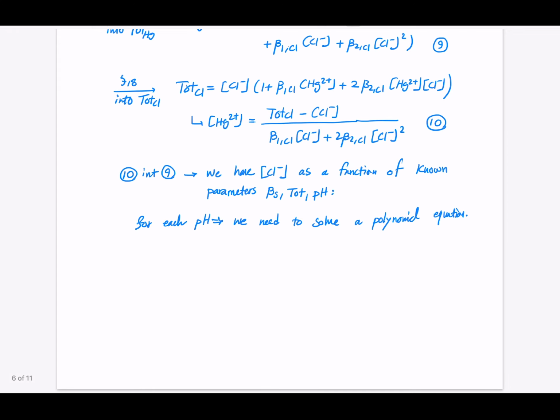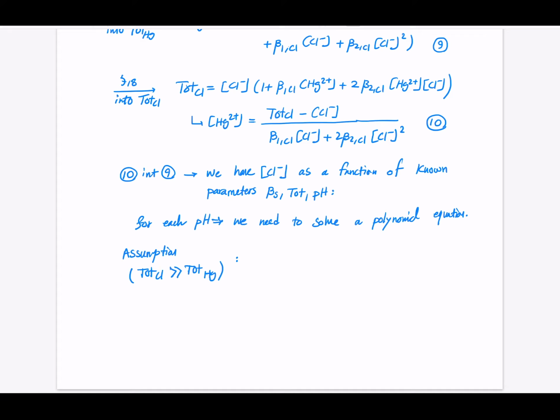So let's do that first. An assumption based on the fact that total Cl is way bigger than total Hg. How can we use this assumption? What does it mean? This might be a very tricky question.